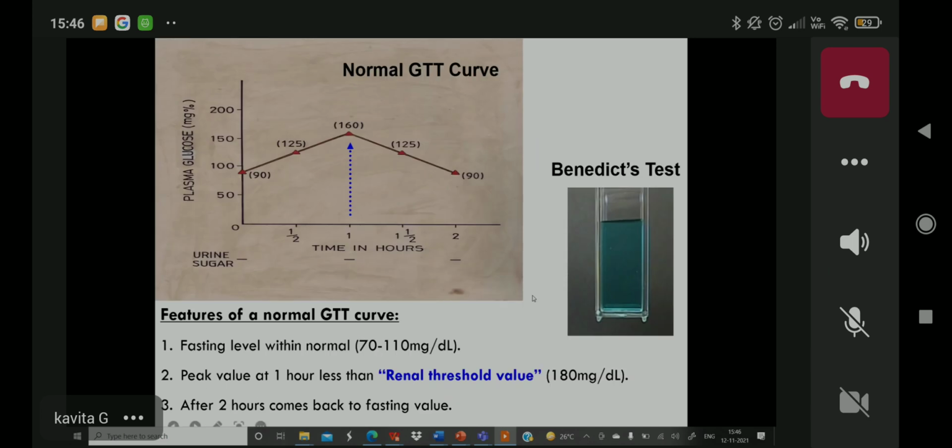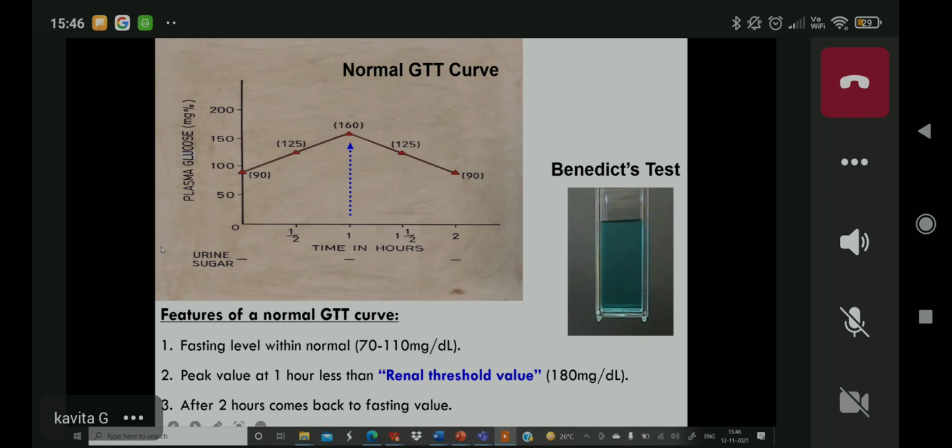Officially I don't tell you to do this, but look at this. Normal GTT curve. In a normal person, plasma glucose is here, urine sugar is here. You gave the glucose load, and after that what happens? You can see here, a normal person would never get sugar in the urine. There is no glucose, there is no glycosuria, at any time, be it half an hour, 1 hour, 1.5 or 2.